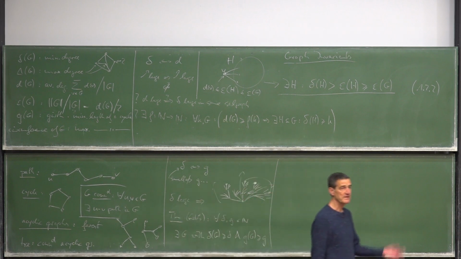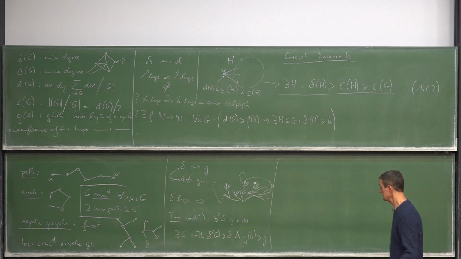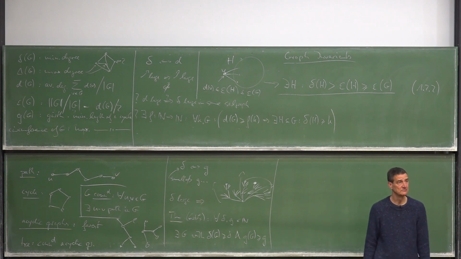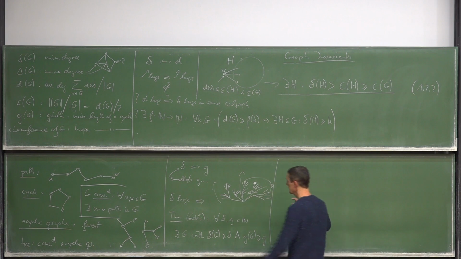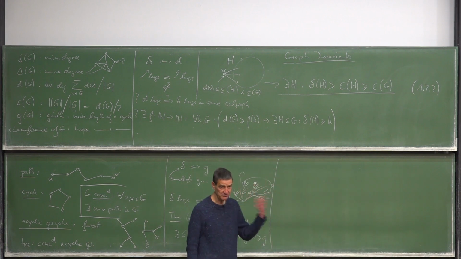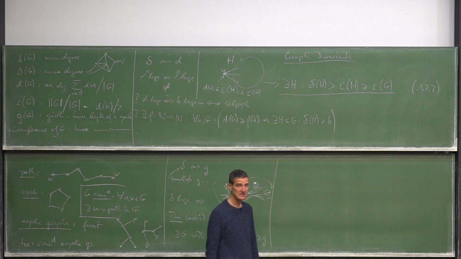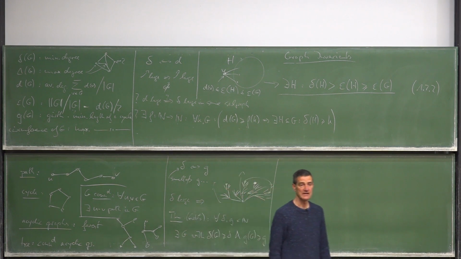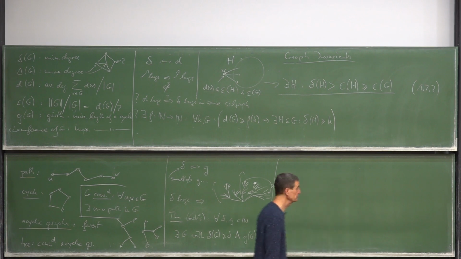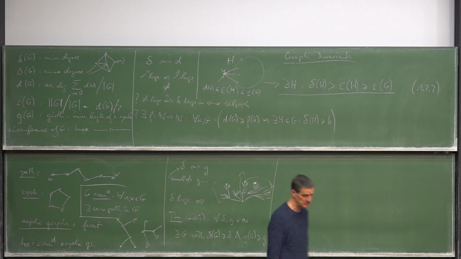So when the min degree is large, do we need to have a long cycle? And that is easy. Right, so let's assume the min degree is at least 100. Then I can find you a cycle of length at least 101. And why? Well, that proof is very simple. That's proposition 131.